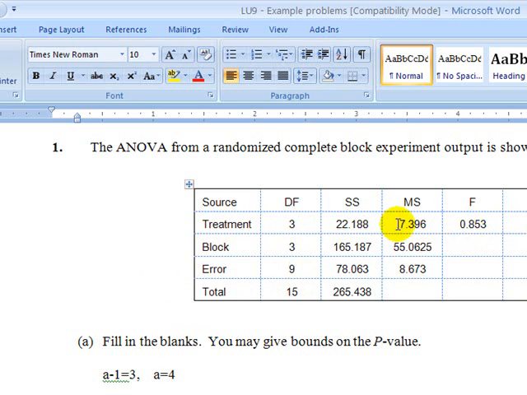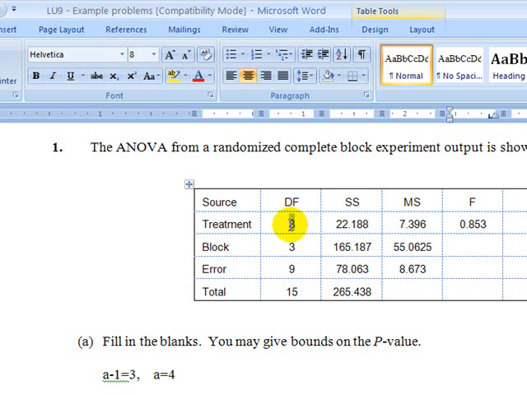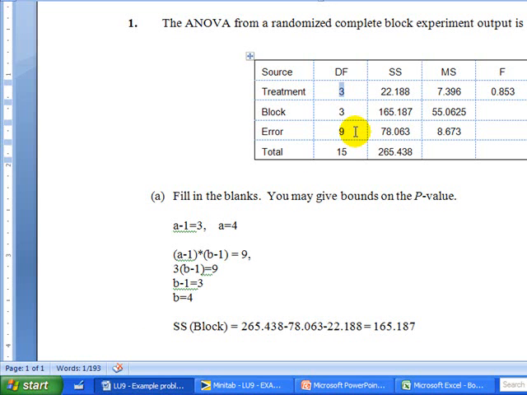So we used mean square value of the treatment in the numerator and mean square value of the error in the denominator, right? So the first degrees of freedom for f is 3 for the treatment, and the second, the degrees of freedom for the denominator, is 9, right?